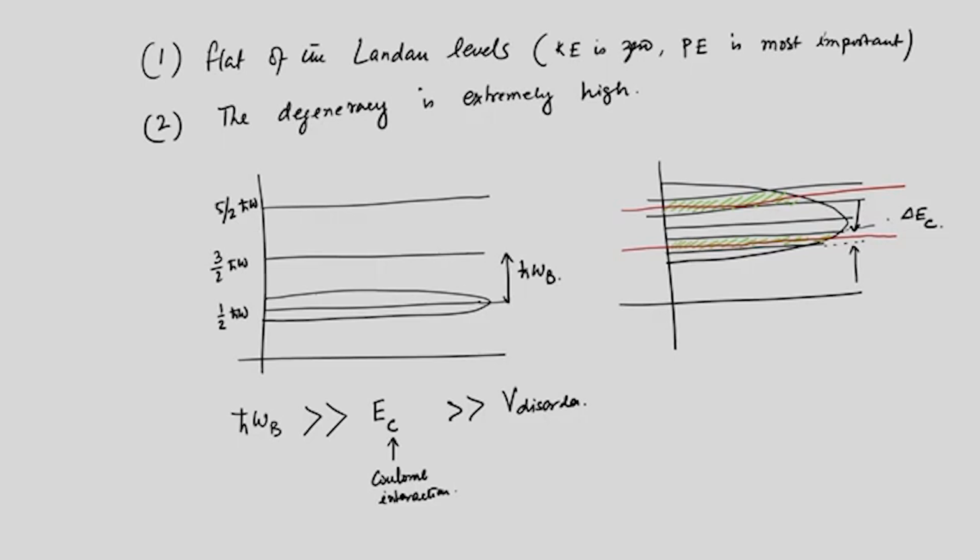And there are other fractions, as you can understand, and let us restrict ourselves to the lowest Landau level. The physics of the higher Landau levels is more difficult, so we will not go into that. In fact, some of the fractions which are improper fractions actually come from the higher Landau levels.